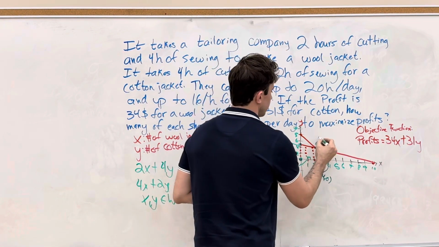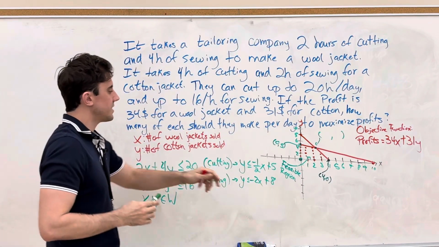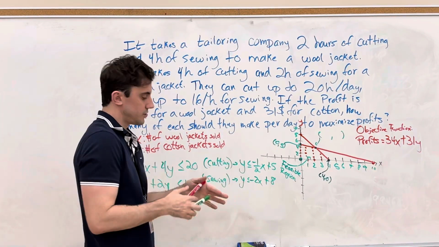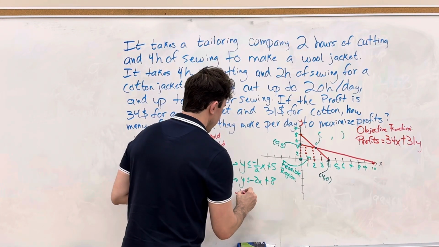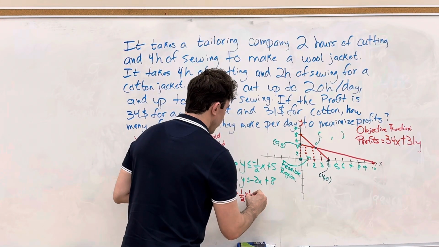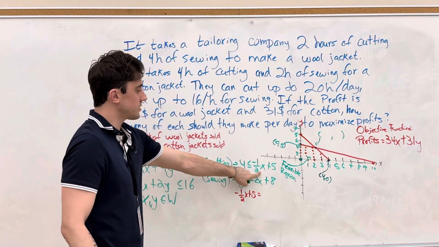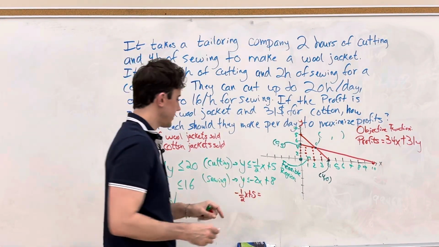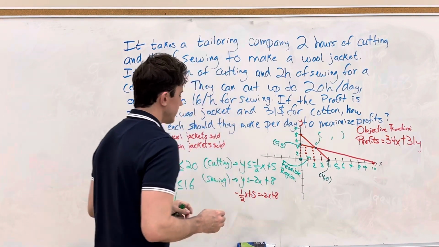However, this point will have to do a tiny bit of work to find its coordinates because it lies at the intersection of these two equations, i.e. when negative 1 over 2x plus 5 is equal to, right, when the equation of the first line is equal to the second line, is equal to negative 2x plus 8.